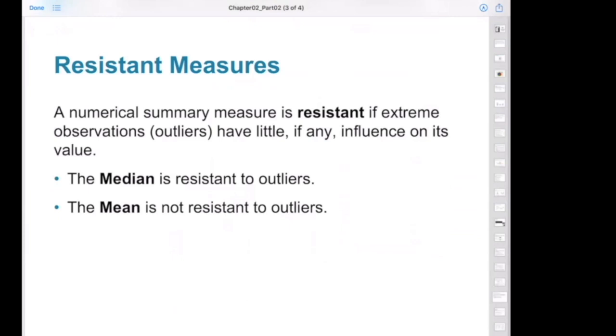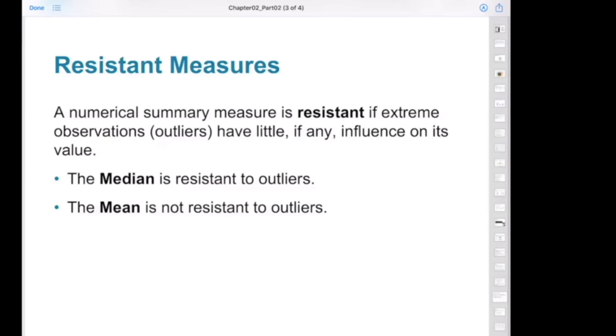Which measure of central tendency is resistant or robust? This is the definition of a resistant measure: a numerical summary measure is resistant if extreme observations have little influence on its value, like the median. The median is robust, is tough, because the influence of the outliers is very small.